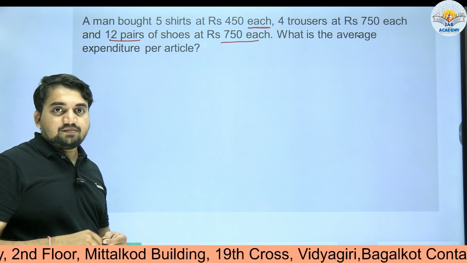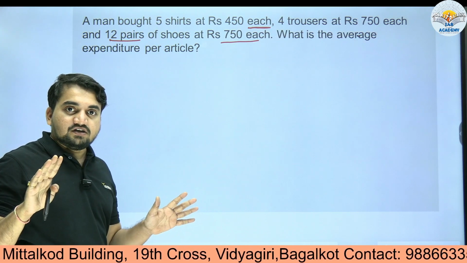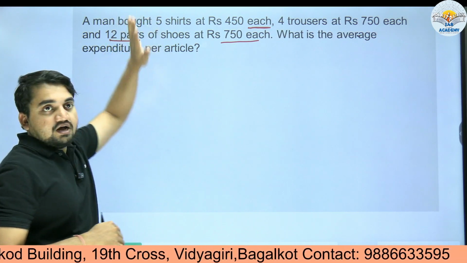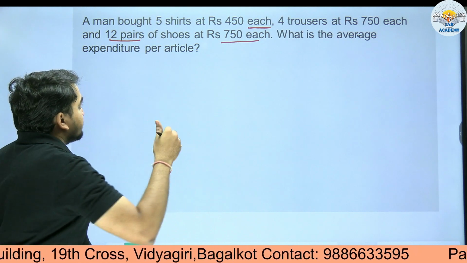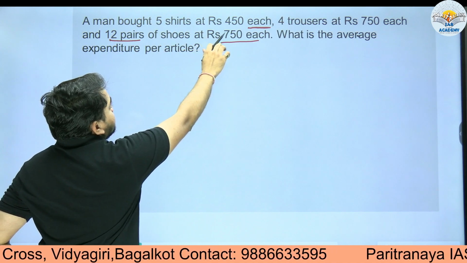Average expenditure per article. For this, we have to find the total of all the expenditure and divide by the total number of articles. All right. So a man bought 5 shirts at rupees 450 each.